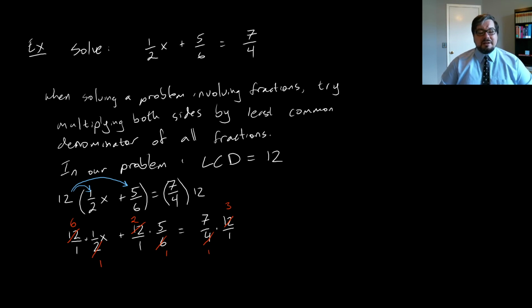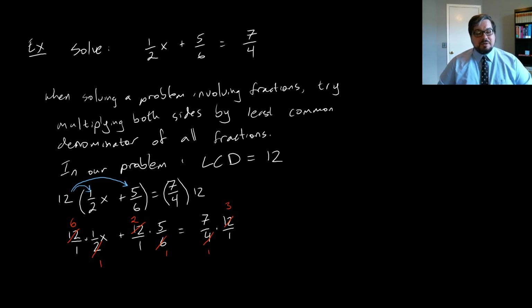And the denominators of our new fractions are all just ones. We just have a whole bunch of ones in the denominators. That's what choosing the least common denominator did for us. When we multiply by the least common denominator, we're guaranteed that the denominators in our original fractions are all going to cancel completely.